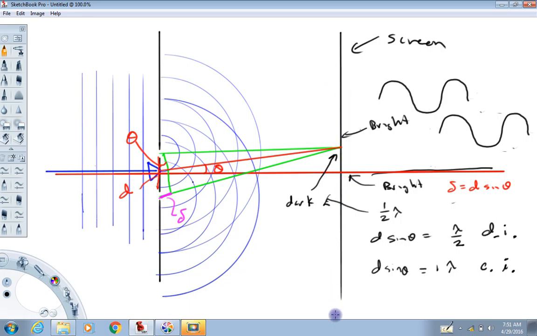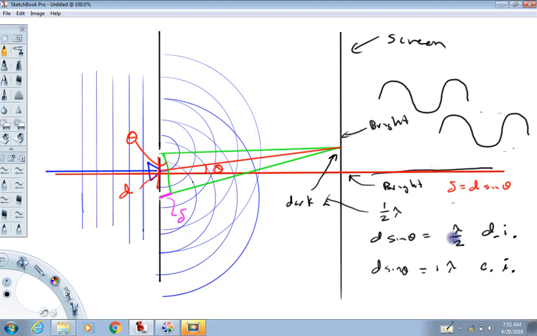Right? Now, we can kind of generalize this. d sine theta equals 1/2 lambda, or 1/2 wavelength. If we start out of phase by lambda over 2, and we go by another wavelength, we end up out of phase again.